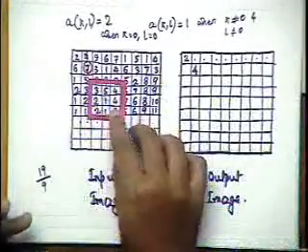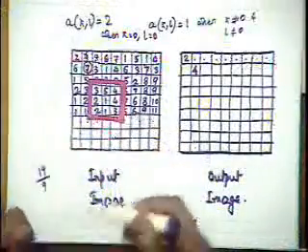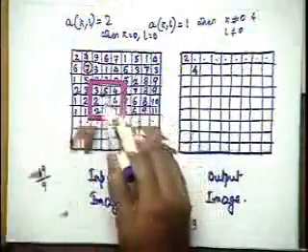Let us say that supposing we position the window at this particular point and the intensities here are 3, 5, 4, 2, 11, 4, 2, 1, 3. Now this central pixel, I make the intensity 11.